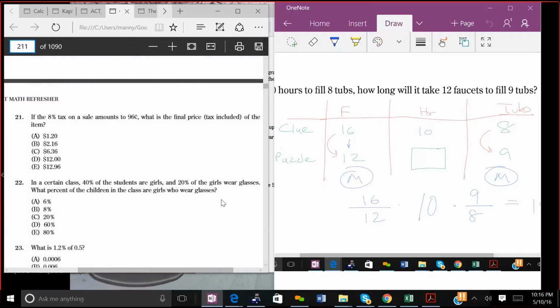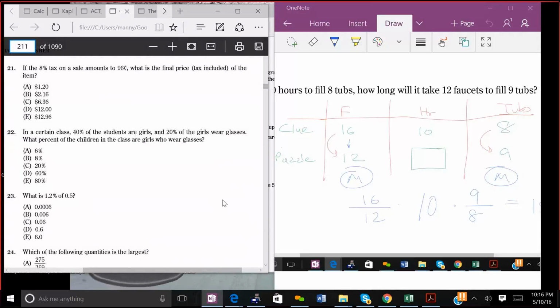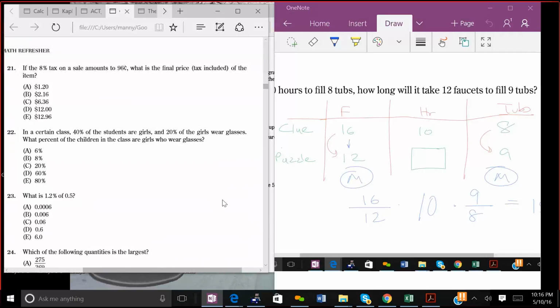Question number 21. Go ahead and try this first. If 8% tax on a sale amounts to 96 cents, what was the final price, tax included, of the item? So it's like a two-step problem.